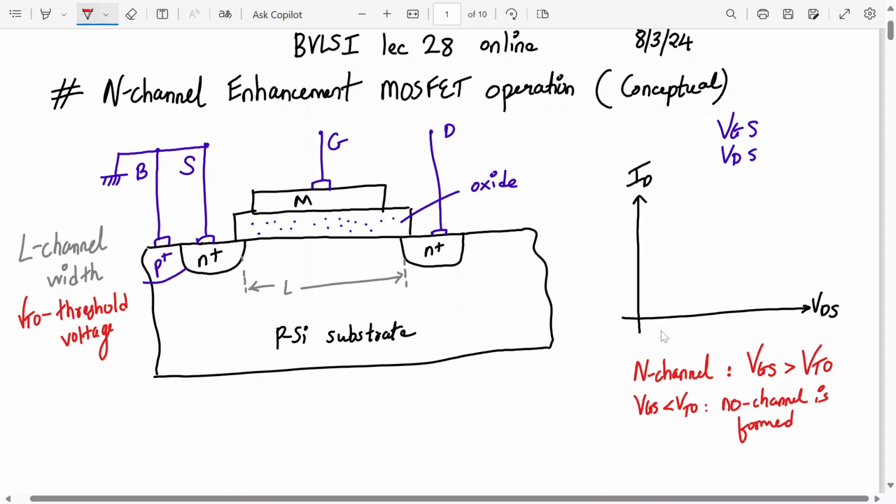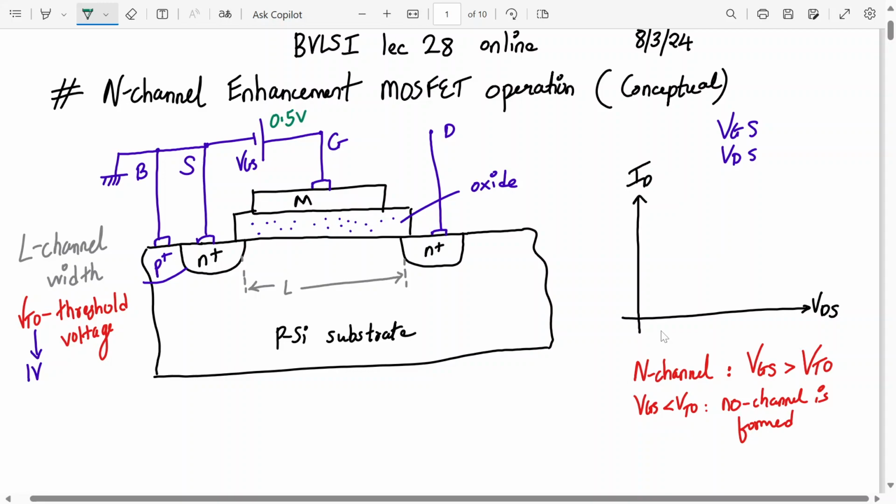Okay, so let us say we have applied the VGS voltage, and VTO, let's assume that it is around 1 volt, and we have applied VGS, let's say this time it's around 0.5 volt.